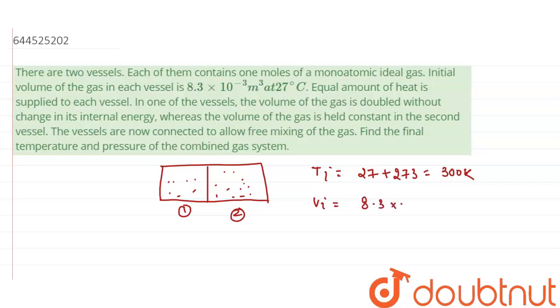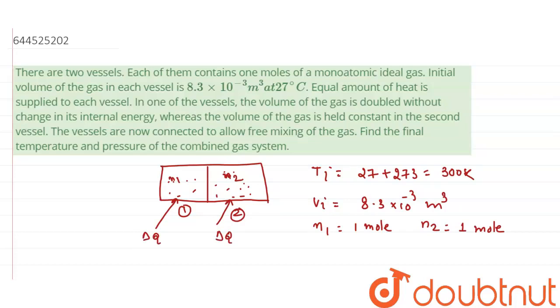It is 8.3 × 10^-3 meter cube, and the number of moles for the first vessel, N1, is 1 mole, given in the question, and N2 is also 1 mole. This is the gas N1, this is N2.